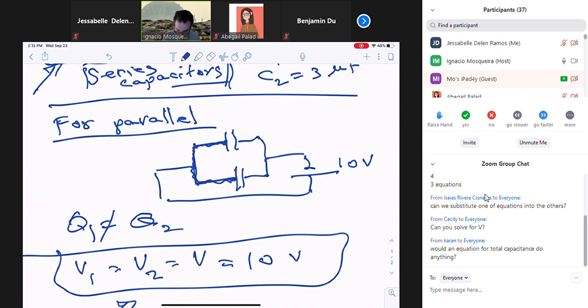So the voltage here and here must be the same because there's a wire connecting them. And there's no resistors in between, there's nothing there. So if I can go from there all the way there, the voltage on one side is the same, but the other side must also be the same because there is a wire that connects them. So the voltage is the same on both sides. So of course, V1 equals V2 equals V. Okay.